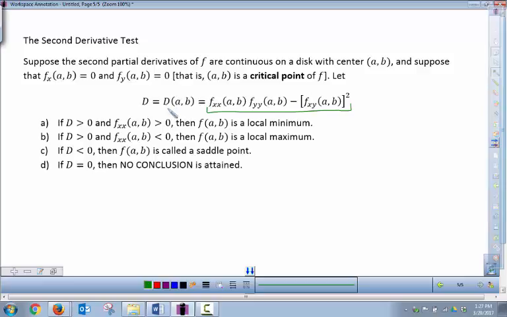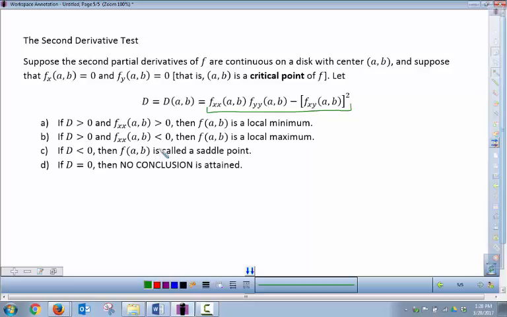So we're going to put those points a, b in for x and y, and then if D is bigger than 0, if D is positive and fxx is also bigger than 0, then we have a local minimum. If D was bigger than 0 and fxx was less than 0, we have a local maximum. And then if D was less than 0, then the point is neither a max nor a min. It actually turns out to be what's called a saddle point.